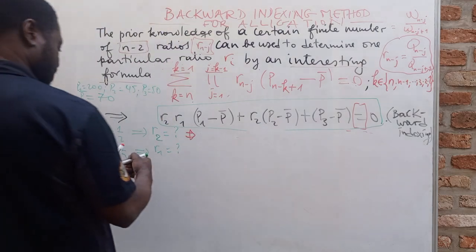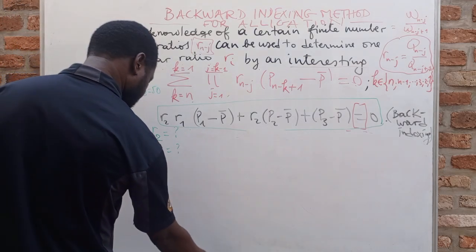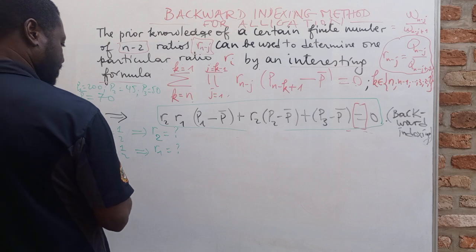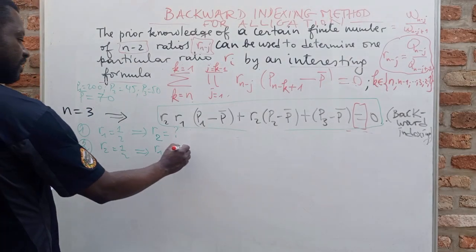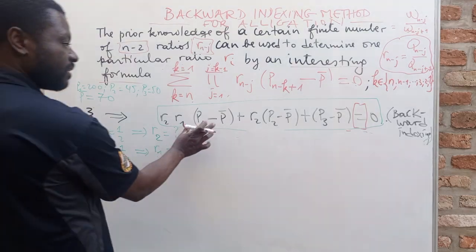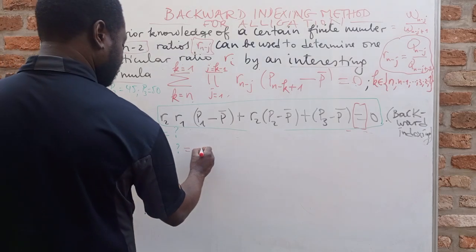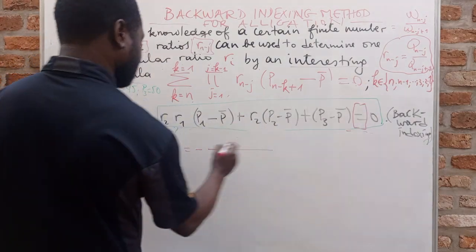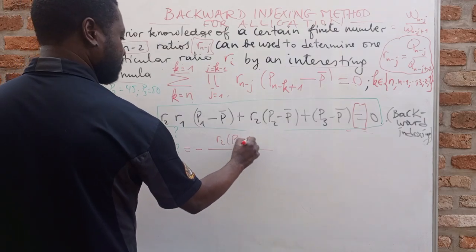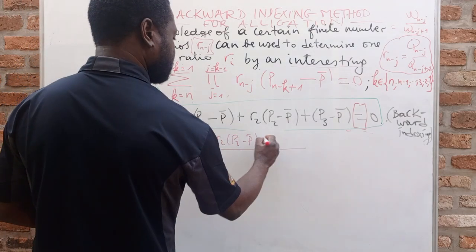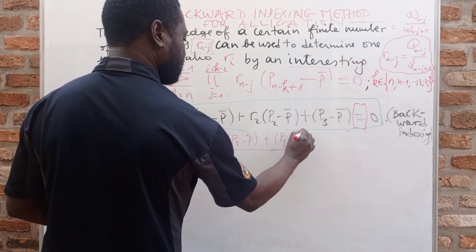Okay, so here we want to find R1, but R1 is in this term, and the other terms are not concerned, so we have to put them on the other side: R2 times (P sub 2 minus P bar), plus R3 times (P sub 3 minus P bar).